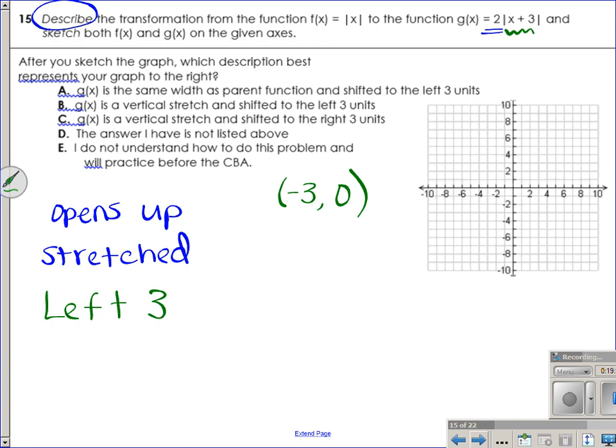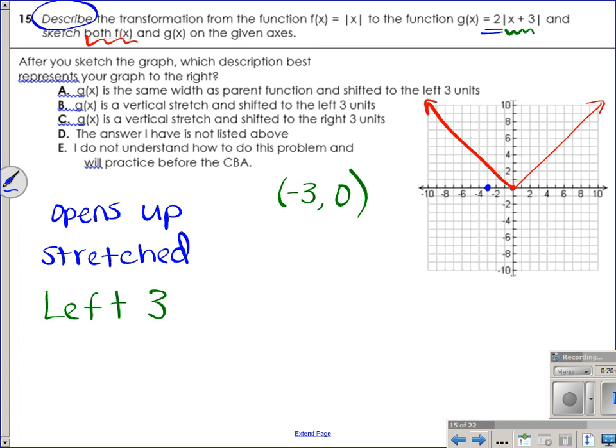So the next thing we need to do is sketch both functions. So our parent function, f of x, remember, origin at 0, 0, and then it just opens up. Okay, slope of 1 over 1 on either side. Our new function we said moves left 3, so I'm going to plot the new vertex at negative 3, 0. And it opens up and has been stretched.